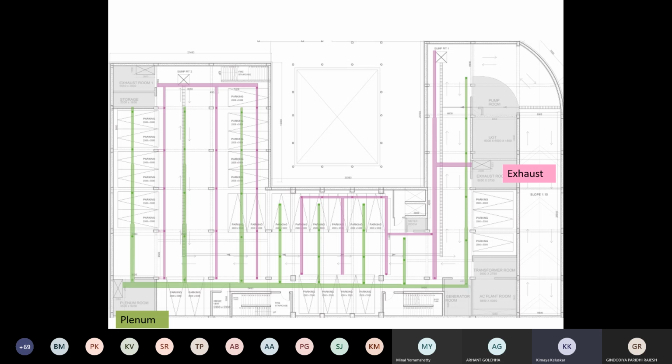The plenum gives you the fresh air from outside, which means you have to make sure that each and every square within your grid is provided with fresh air. As you go longer in length, your pressure reduces toward the farthest point. Do we all agree on this? Someone just say yes or no, then I'll move ahead. Yes, so that's what she's saying.